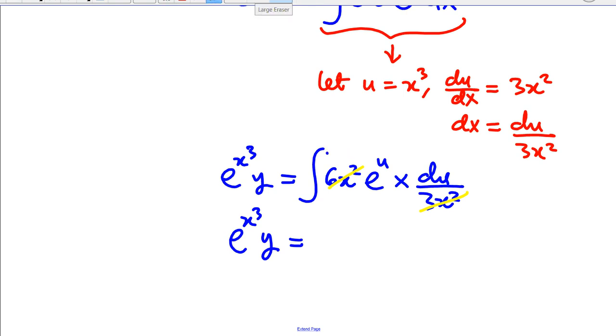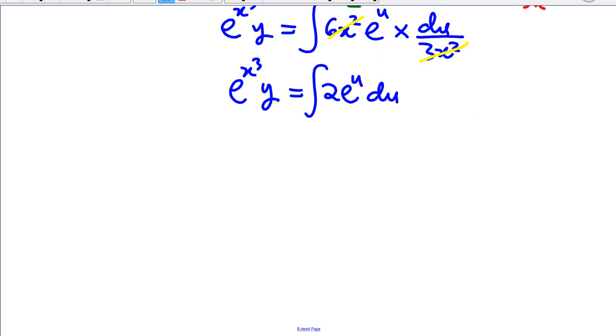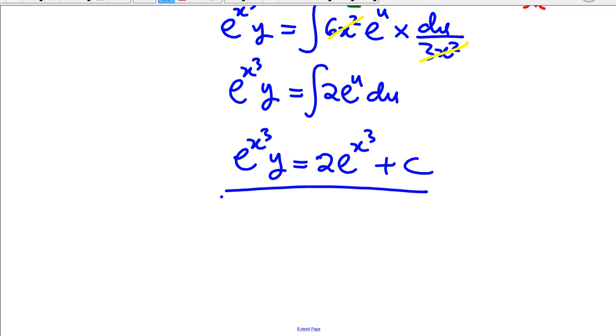So what we'll end up with is the integral of 2e to power u du, which will give us e to power x cubed y equal to 2e to power whatever u was, and u was x cubed, plus c. And that will be our final general solution.